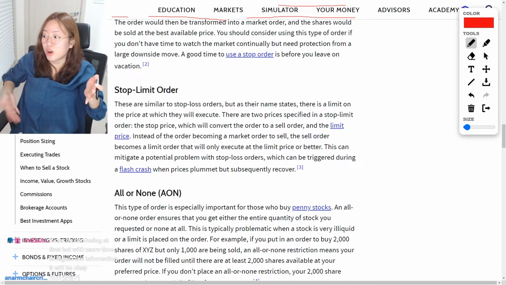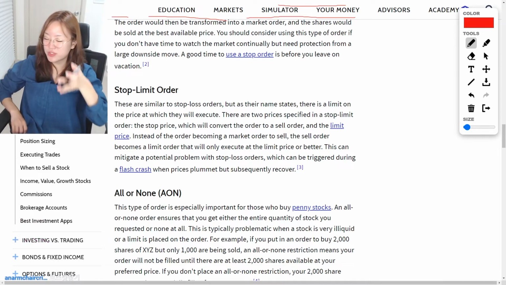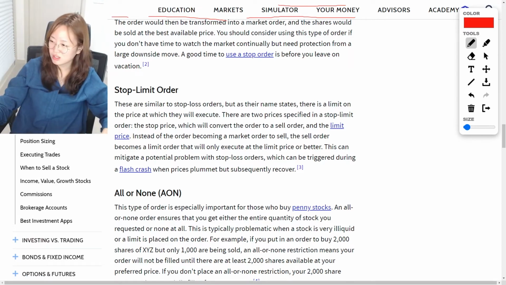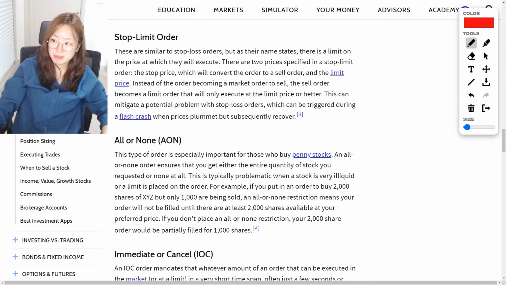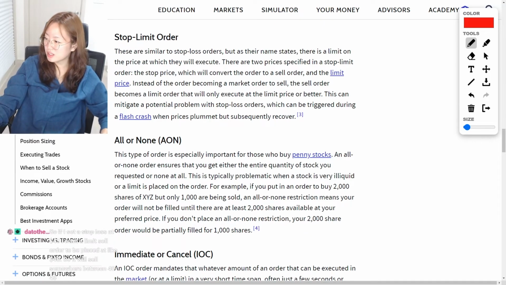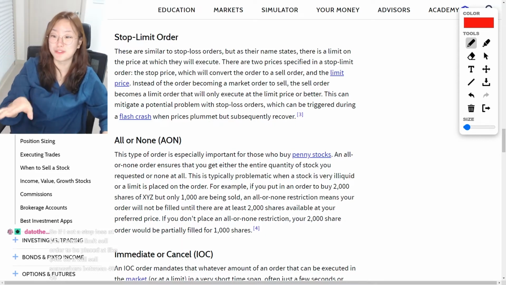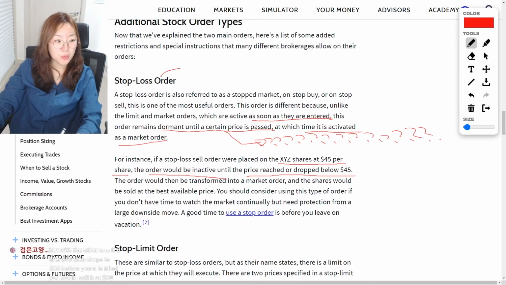And then at 44 it's trying to sell until it's 44. And this is all done by the app. So it just wakes the stock up at 45. So this one is a wake up call.